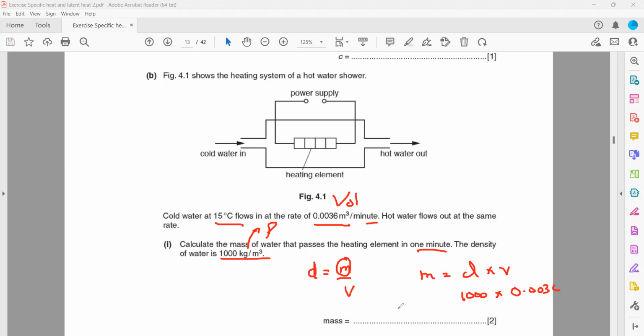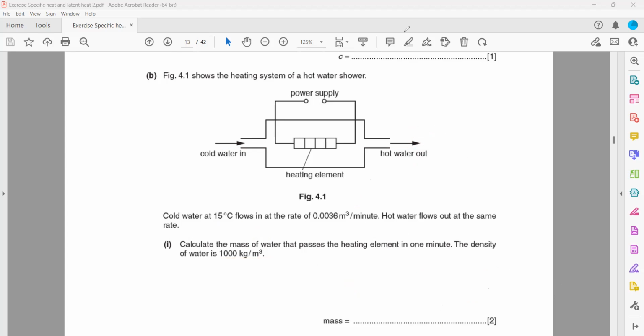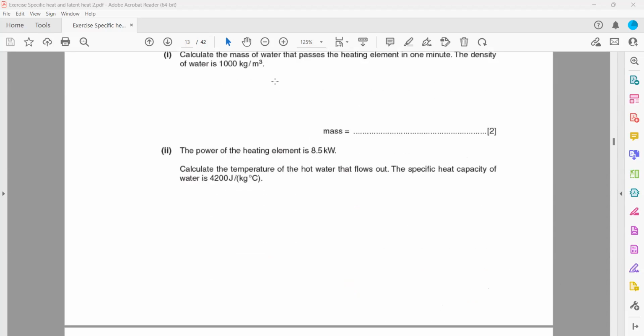So when we multiply, it will be 3.6 kilograms of water will flow every minute. Like in 1 minute, this much mass of water will flow through this heater. So we have a density and the volume, and that's how we work out the mass. So 3.6.